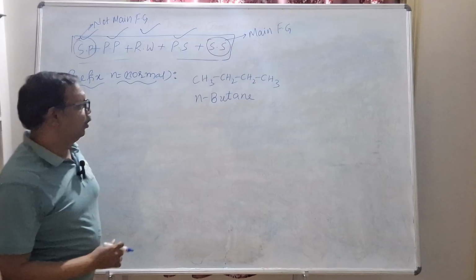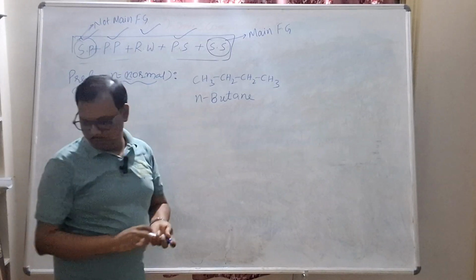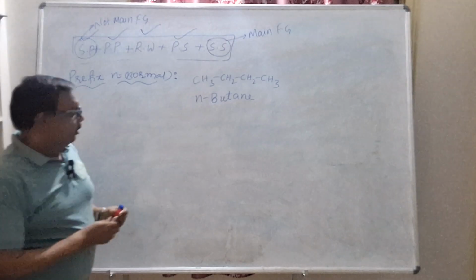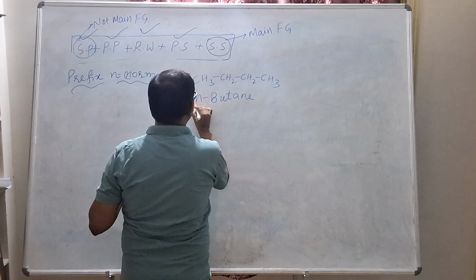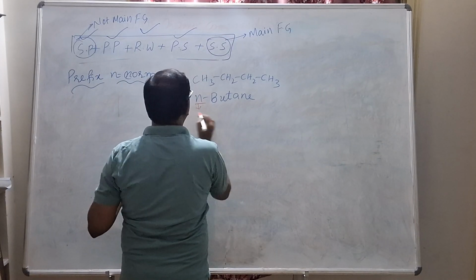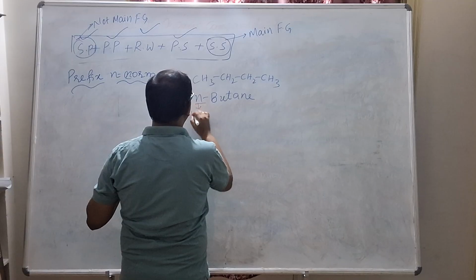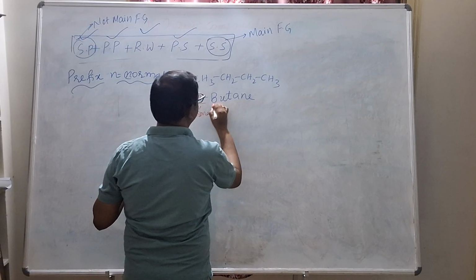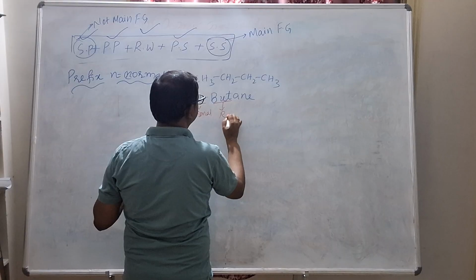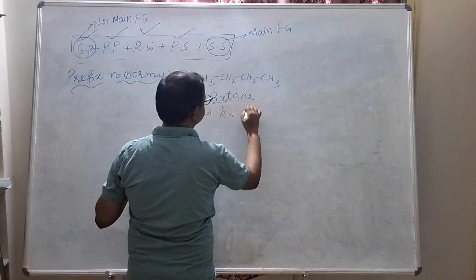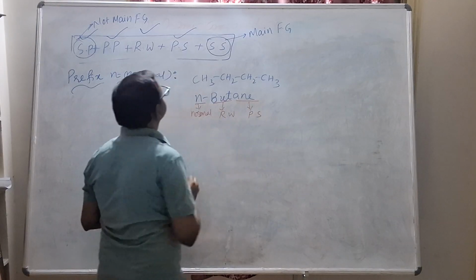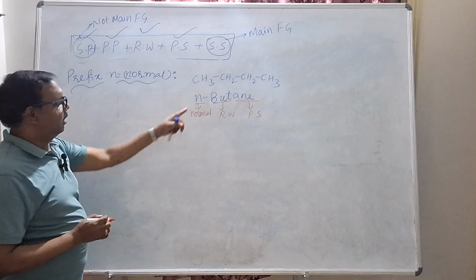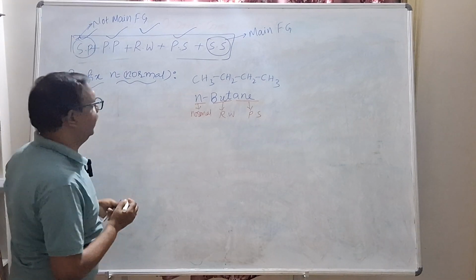N is a prefix, normal we call it, and but is the root word, ane is the primary suffix. Here n means normal, so we can say prefix n.